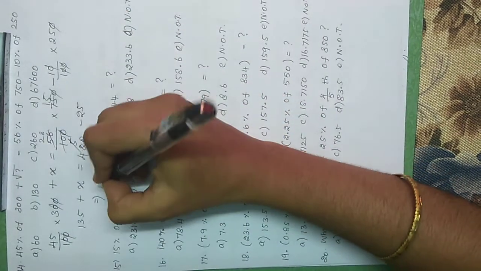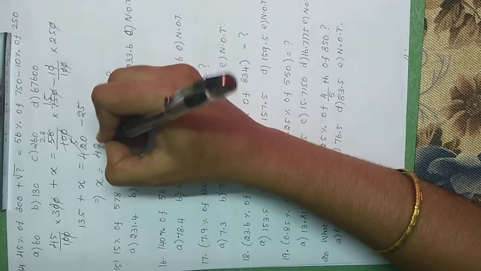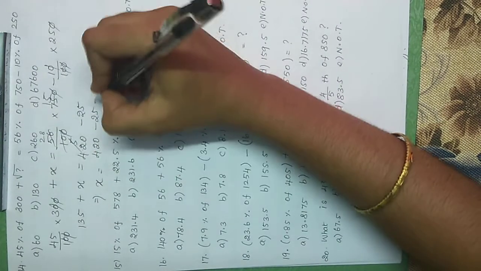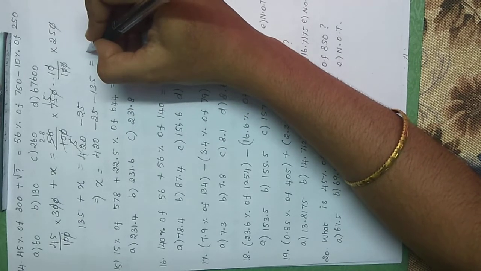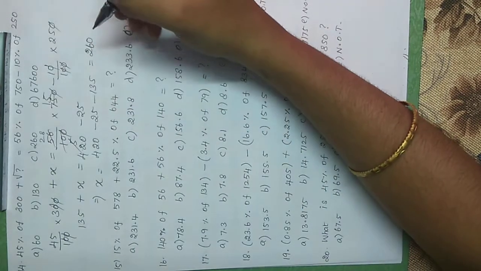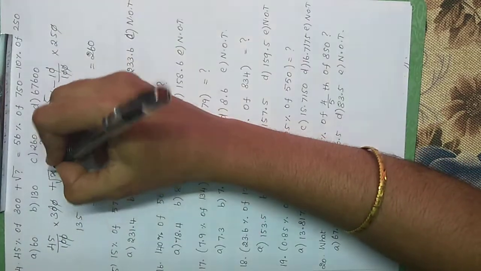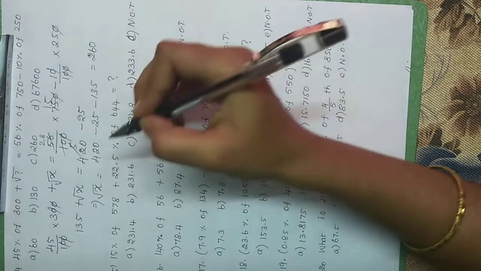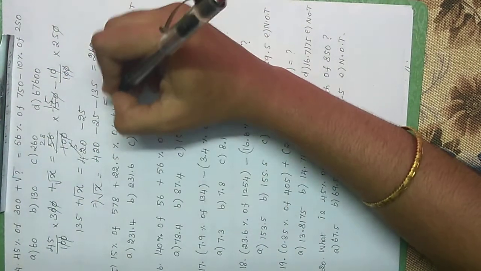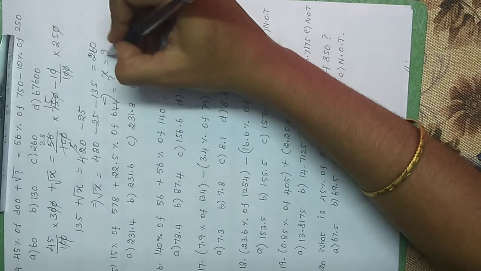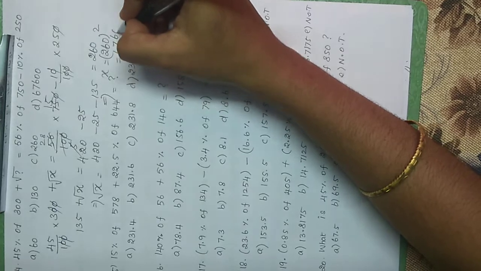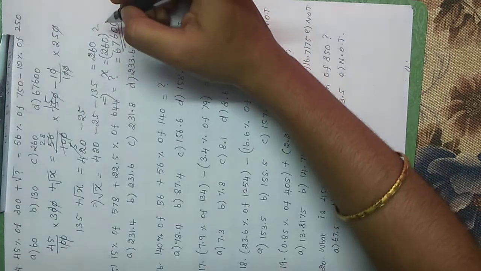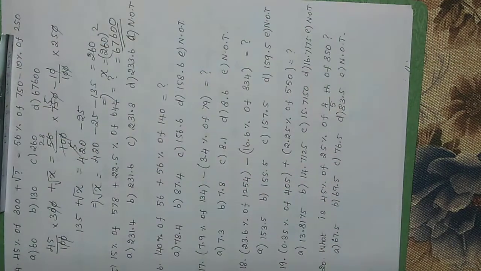Which implies root x equal to 420 minus 25 minus 135, equal to 260. This is root x. The root x is 260, which implies x equal to 260 the whole square, equal to 67600. This is the value of x. So the option is D.